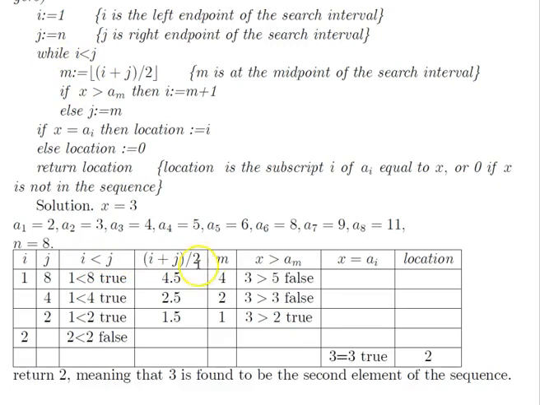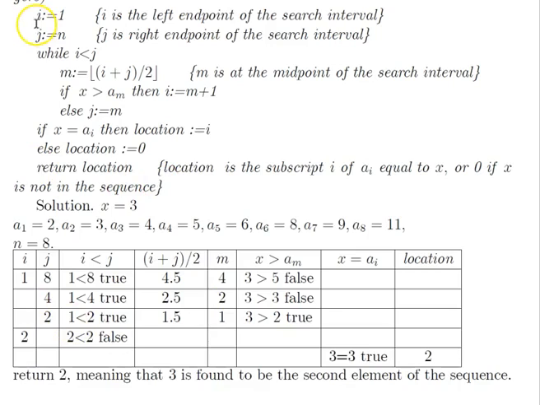A column for i plus j over 2, a column for m, a column for this condition x is greater than a sub m, and then we have a column for the condition of this statement, x equals a sub i, and a column for the variable location.